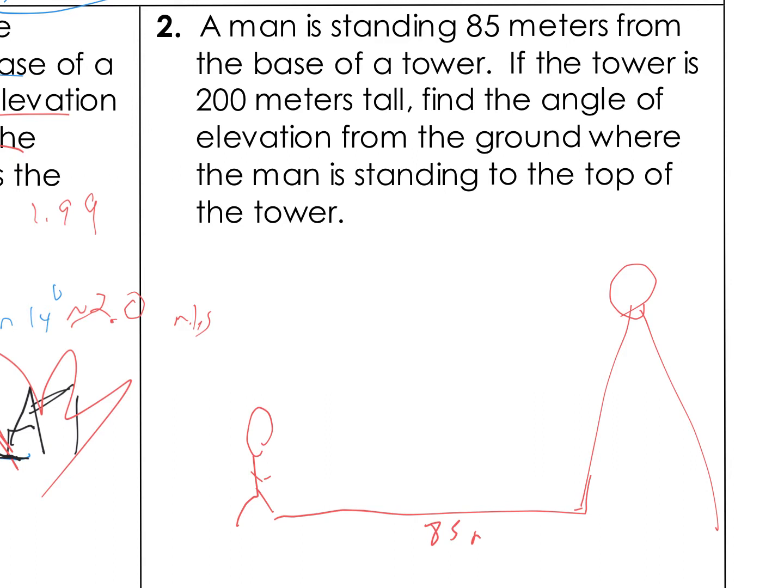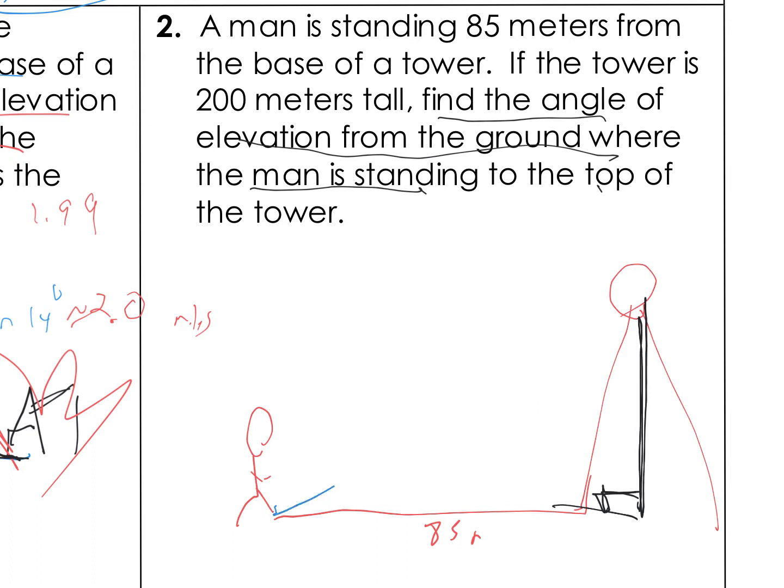If the tower is 200 meters tall, that means that's that vertical line that I talked to you about, making a right angle to the ground.